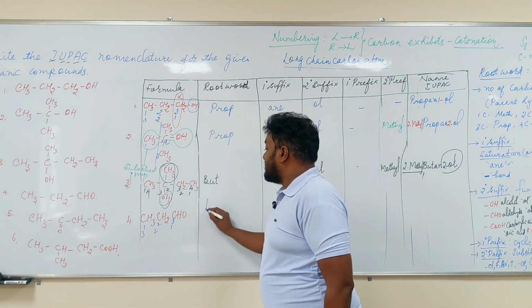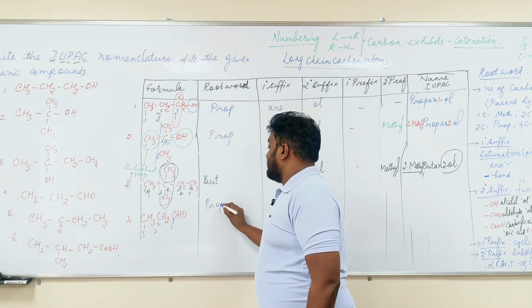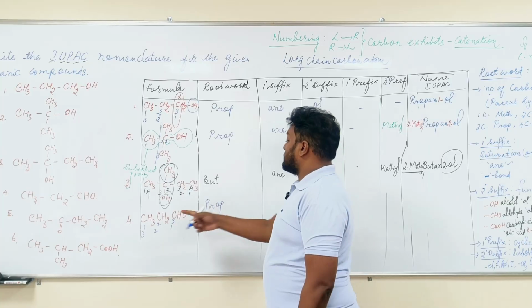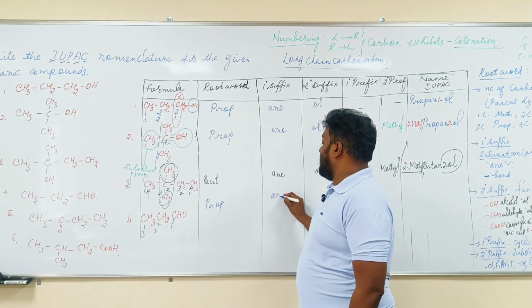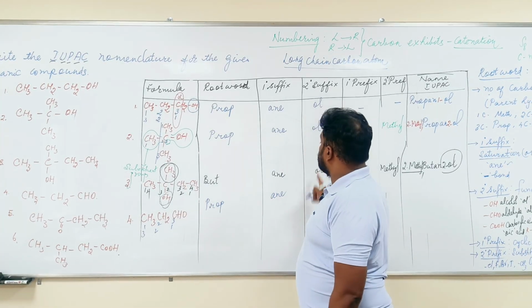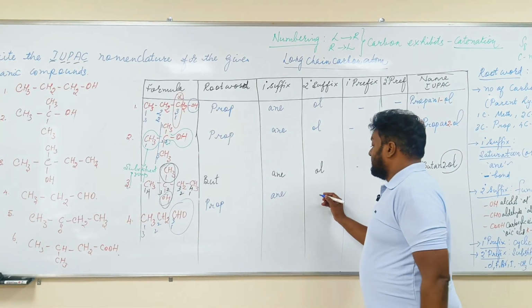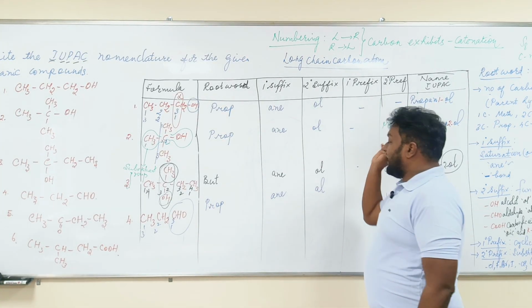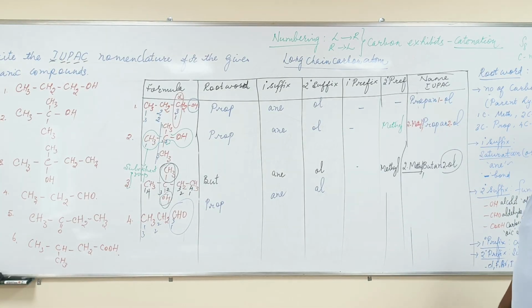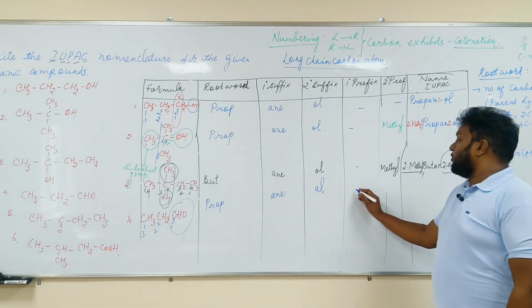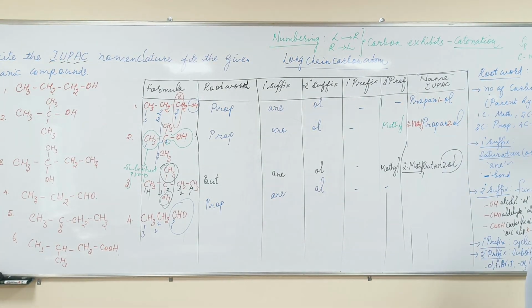So when 3 carbon is there, it should be prop, and primary suffix throughout single bond is present, so ane, and the secondary suffix is the functional group. What is the functional group present here? That is aldehyde. Al should be there as a suffix, then no prefix, then we can write the name of the compound.